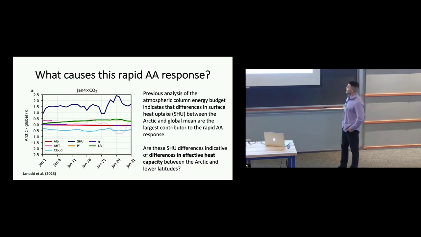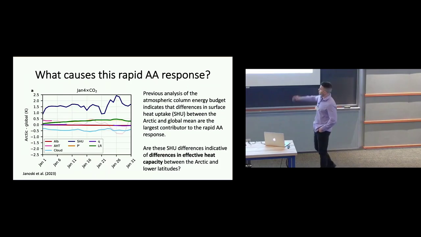And this plot on the left shows the various terms, or at least most of the terms in the atmospheric energy budget. So these terms are the surface albedo feedback, the atmospheric heat transport response, the cloud feedback. SHU is the surface heat uptake response, so it's just the change in the net surface energy flux. P prime is the deviation of the Planck response from its global mean. Q is the water vapor feedback, and LR is the lapse rate feedback.